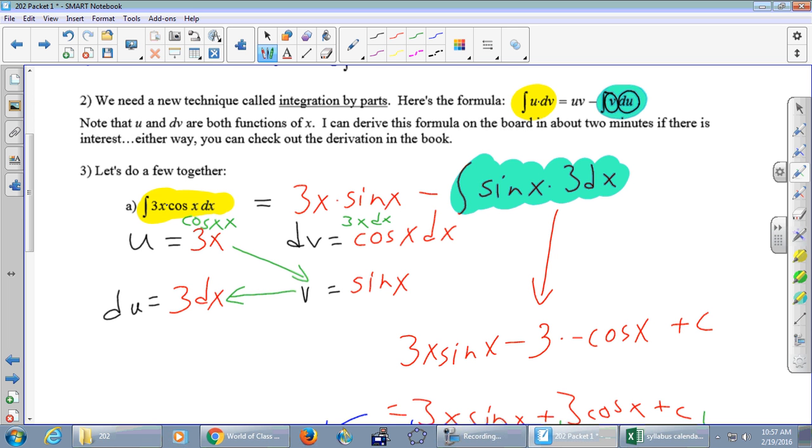Only thing I care about in that is the x squared. And all of a sudden, when we do this integral down here in the bottom row, it's going to have an x squared times a sine of x. That's worse, right? We started with an x times cosine. All of a sudden, we have an x squared times sine. It went the wrong way. We made it worse. And so typically, this is just a rule of thumb. You want to put something in the u that gets better when you take a derivative, and something in the dv that hopefully doesn't get too much worse when you take an antiderivative.